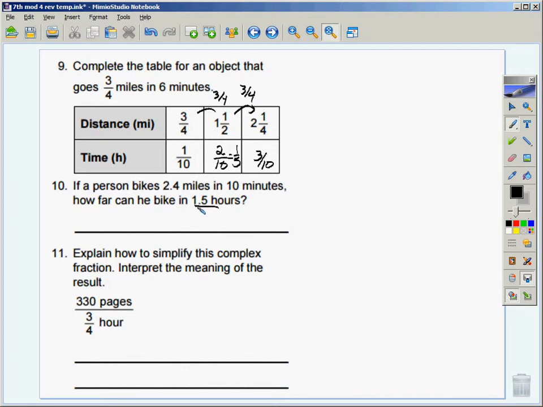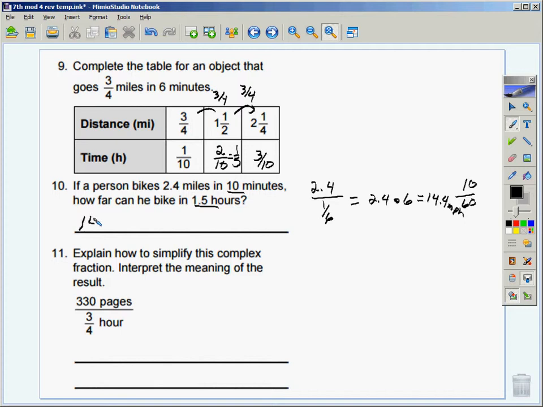So 1.5 hours either needs to be changed to minutes, or minutes need to be changed to hours. 2.4 divided by 1/6 of an hour, because 10 minutes out of 60 minutes is the same as 1/6. 2.4, keep, change division to multiplication, flip. 2.4 times 6 means that they're traveling at 14.4 miles per hour.